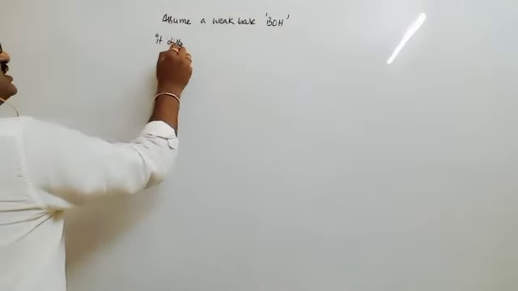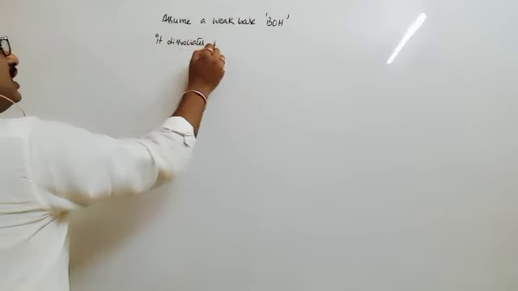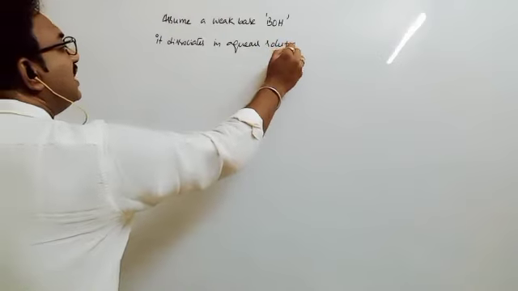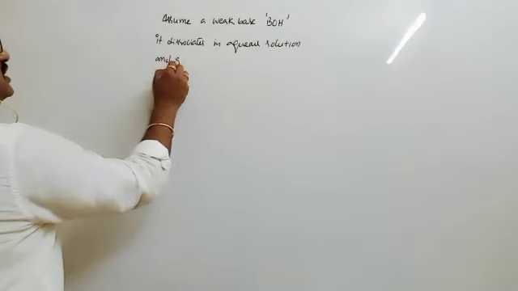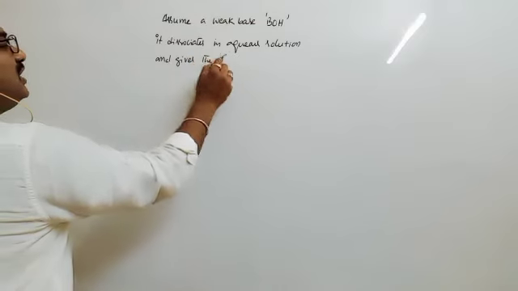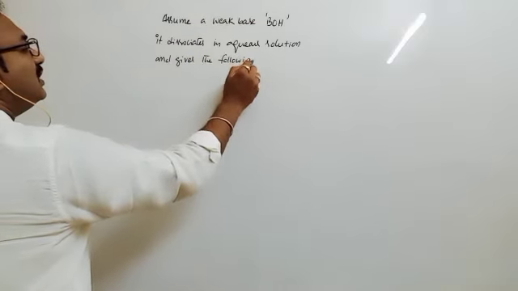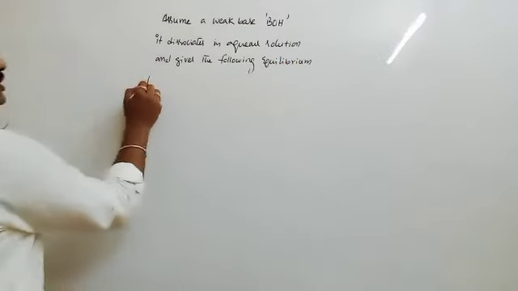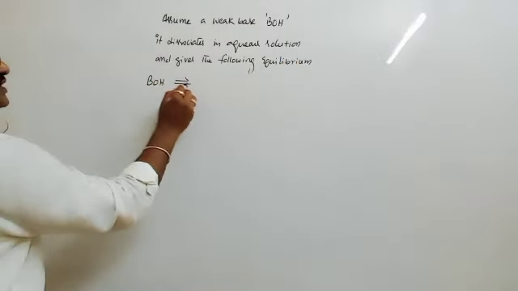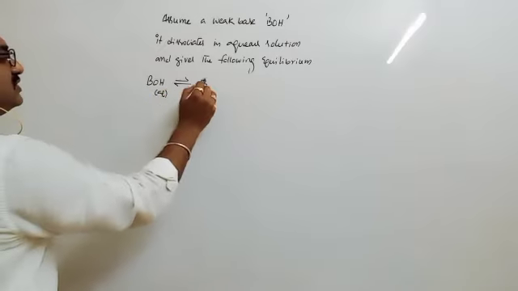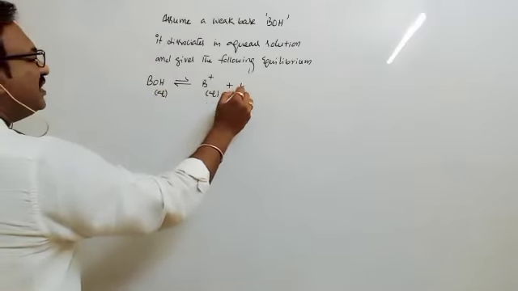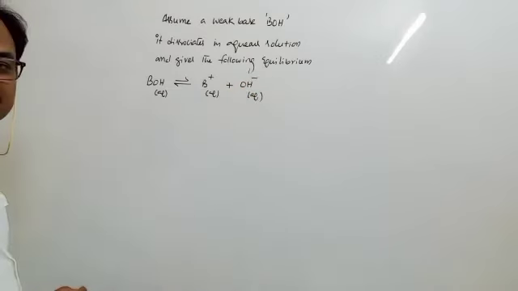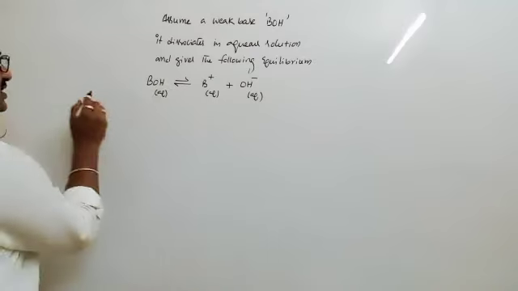It dissociates in aqueous solution and gives the following equilibrium. So BOH aqueous gives rise to B plus aqueous plus OH minus aqueous.